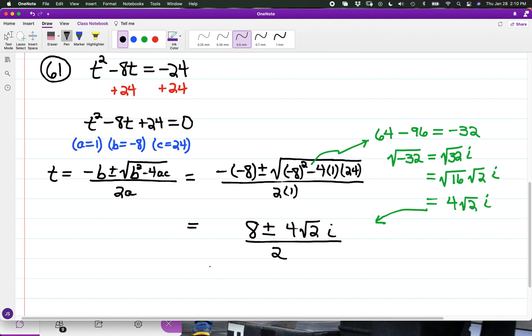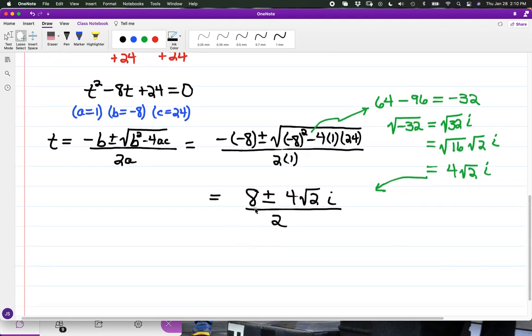And notice we have even valued leading coefficients, and we have dividing by 2 in the compact notation. So 8 over 2 goes to 4, and plus or minus, 2 would go into 4 square root of 2i, which would be 2 times the square root of 2i. So this will be your compact notation.